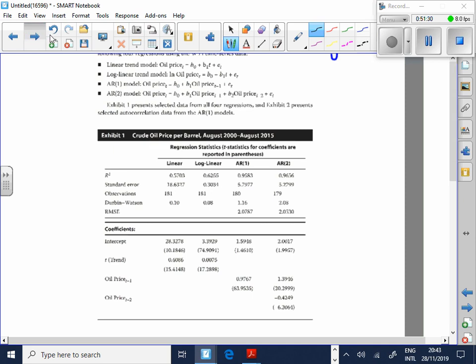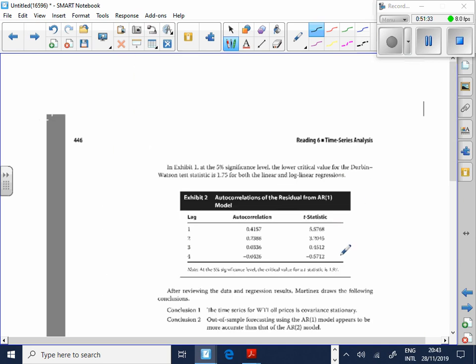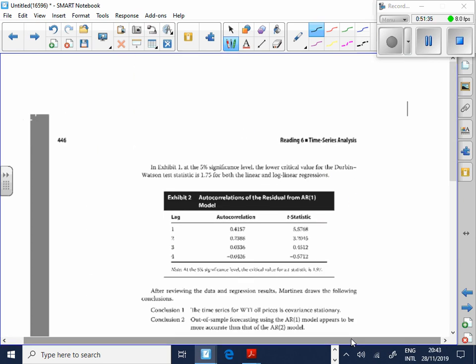Okay, over the page, there's your Exhibit 1, guys. At the 5% level, the lower critical value for Durbin-Watson is 1.75 for both linear and log linear regressions. There's some more data. There's your autocorrelations. And if you have a look over there, guys, look what it tells you.